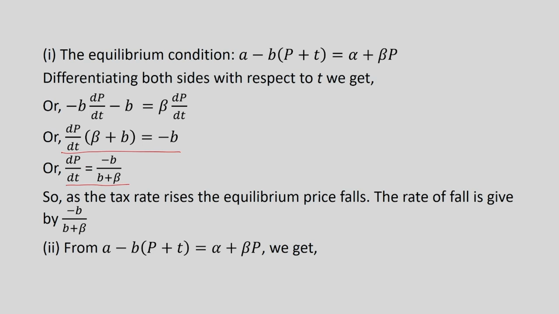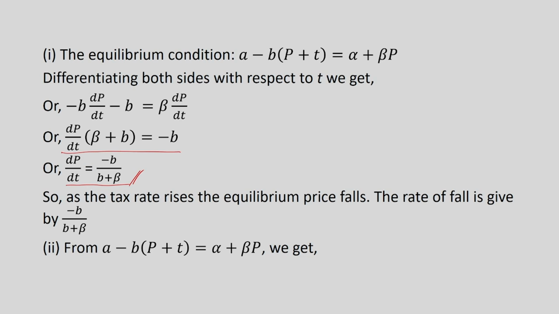I have divided both sides by b plus beta. This is the expression for dP/dt, and this is negative because beta and b are positive. That basically means that as the tax rate rises, the equilibrium price falls. The rate of fall is given by minus b divided by b plus beta.